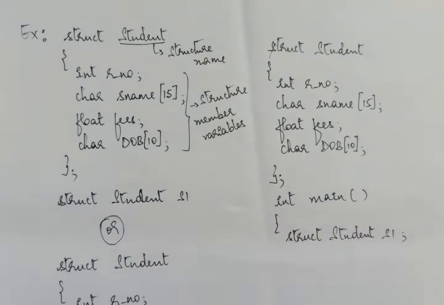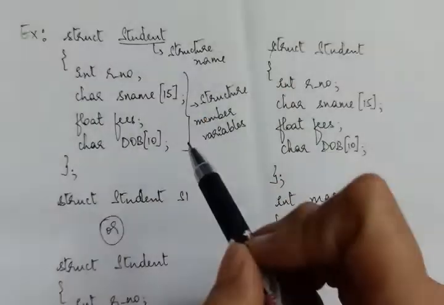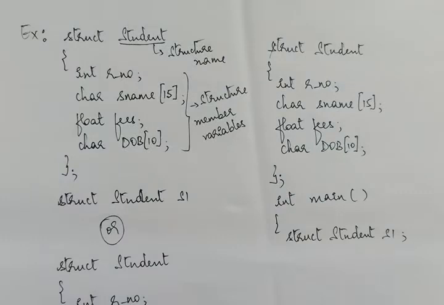The primitive types that you know are char, int, float, double. All those are data types, right? They are primitive data types. Here student is the user defined type. So student is just the type that is being defined.